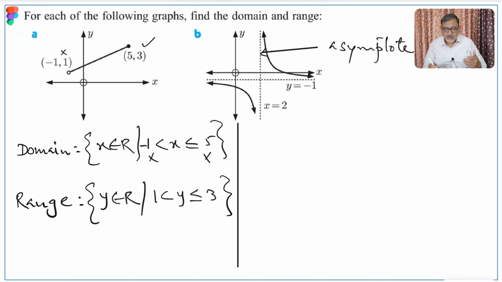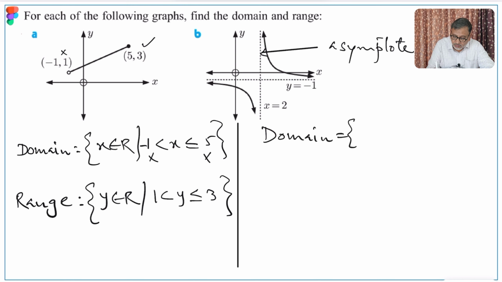That means we will not have values of domain or range on the asymptote. So considering that, the domain will be the set of all x values such that x is to the left of 2, so x is less than 2, even 2 it will not have the value, and to the right of 2, x greater than 2.